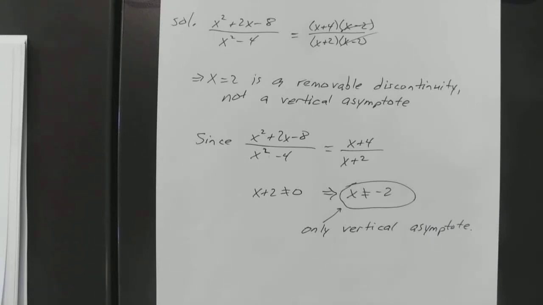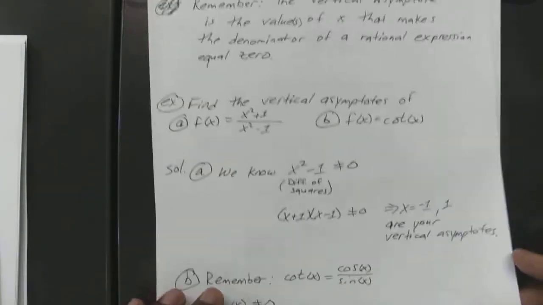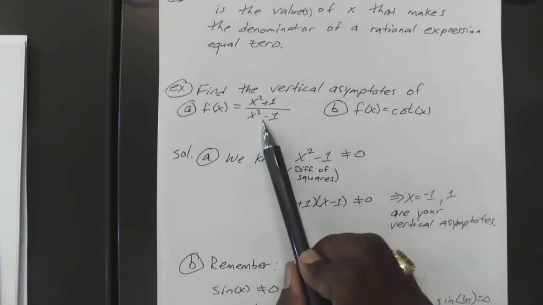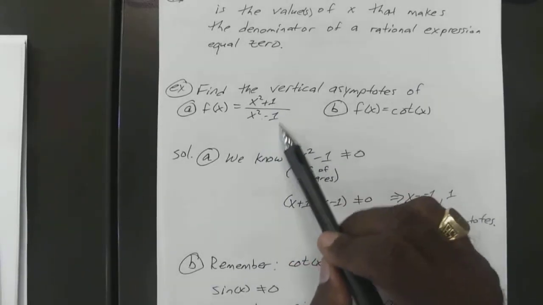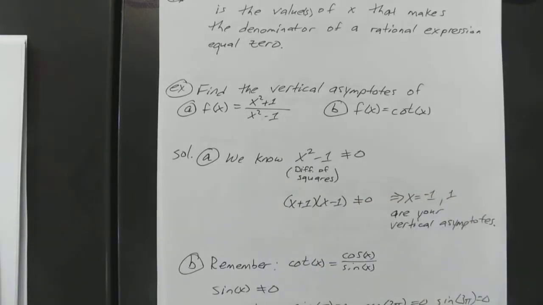In the previous example, this one here, even if you factored it to x plus 1 and x minus 1, it wouldn't cancel with anything up top. So that would be a non-removable discontinuity.